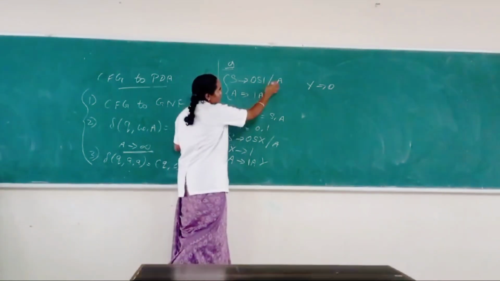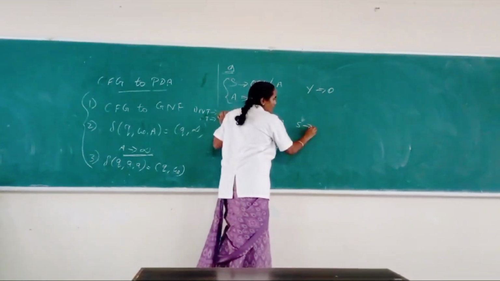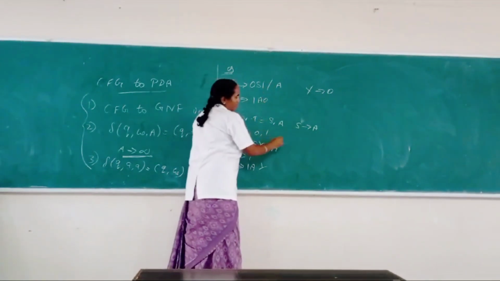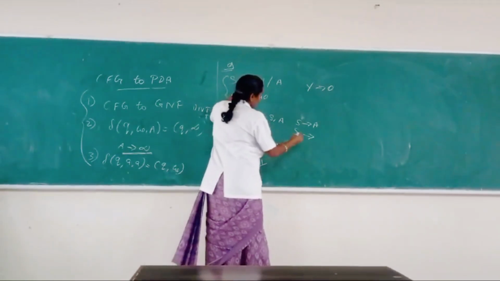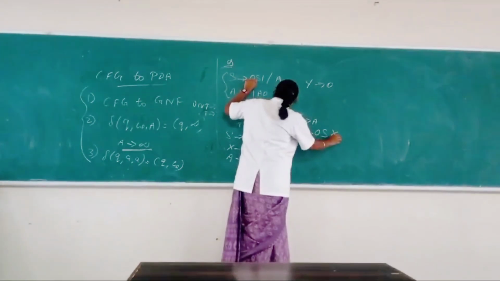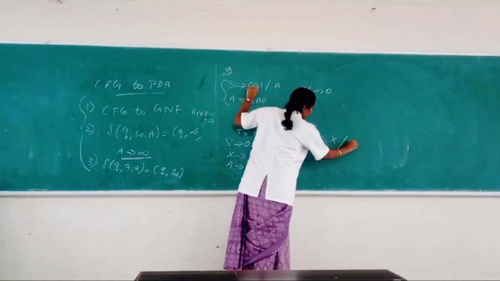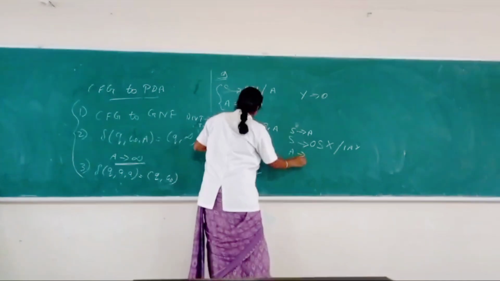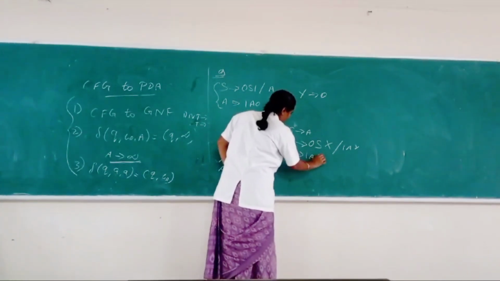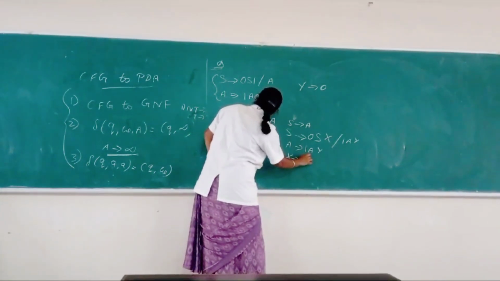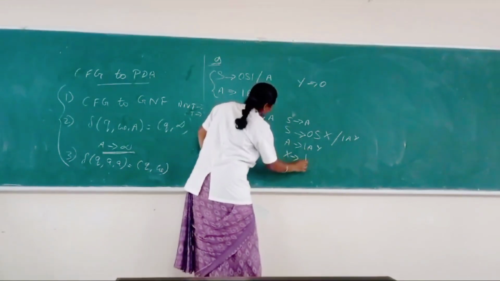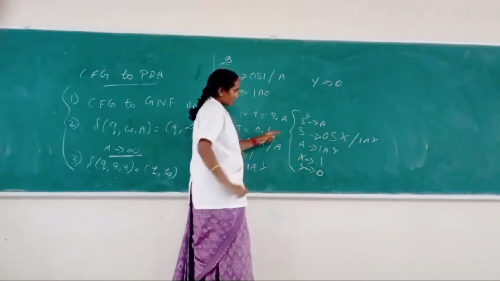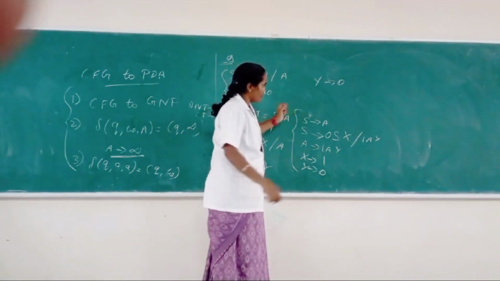Then S tends to A is a unit production, so I am going to substitute the production of A in place of A. So S tends to 0SX, 1AY. Then A tends to 1AY, X tends to 1, Y tends to 0. So now this context-free grammar is in GNF.